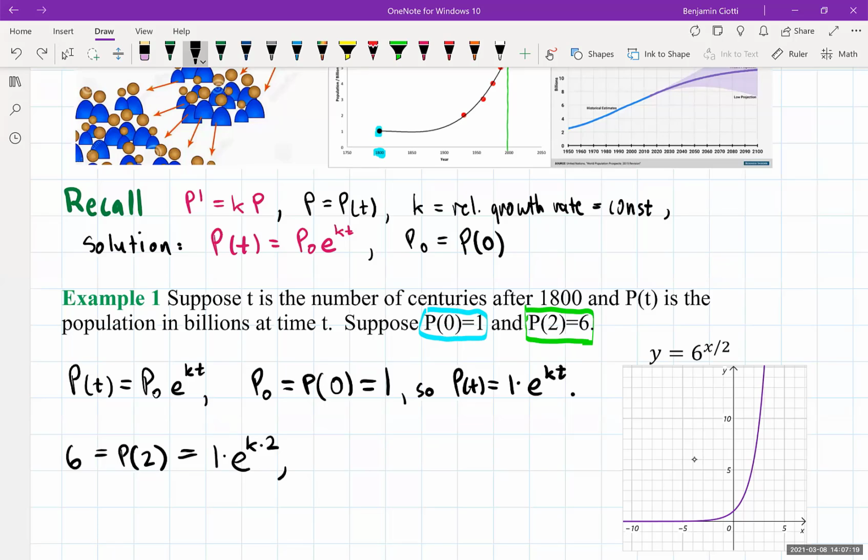So that's what I'm going to do, right? Because e to the 2k is 6, i.e. e to the k squared is 6. So e to the k is, let's see, if I take this equation and raise both sides to the 1/2 power, I can find what e to the k is, and I see that it is 6 to the 1/2.